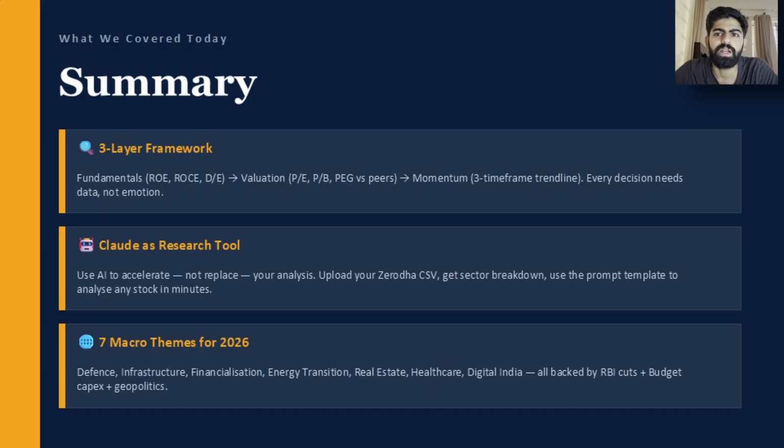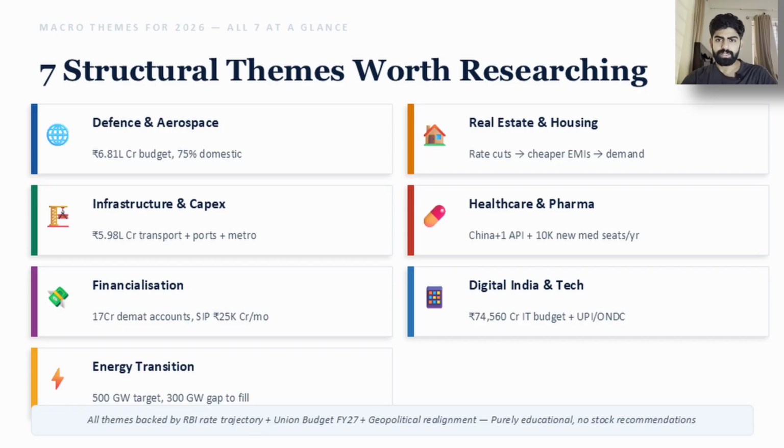Then we learned how we can use Claude to do the research work for us with a few prompts. This saves us a lot of time and gives us quick decisions to make frequent changes in our portfolio to get the maximum ROI. And finally, we discussed the major themes or hot sectors which are going to see good growth in the coming years.